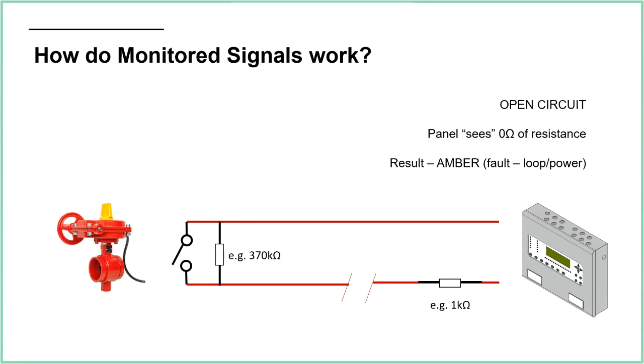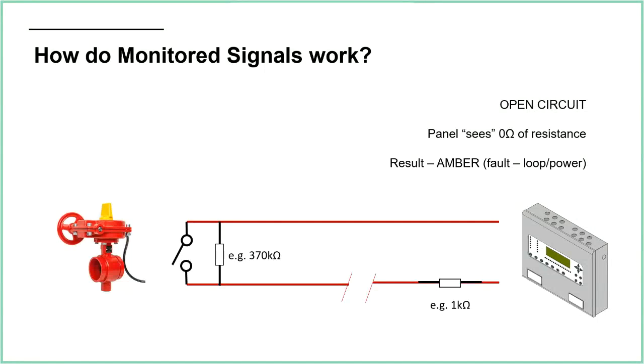Most of the items aren't powered, but if it is a powered item, then obviously it's not going to get its power. I would say this was a loop fault or open circuit, if you like. So the panel is going to see 0 ohms of resistance, and again will cause a fault.